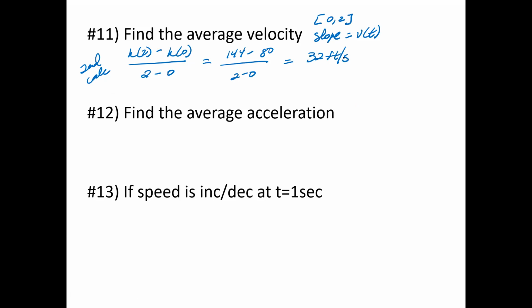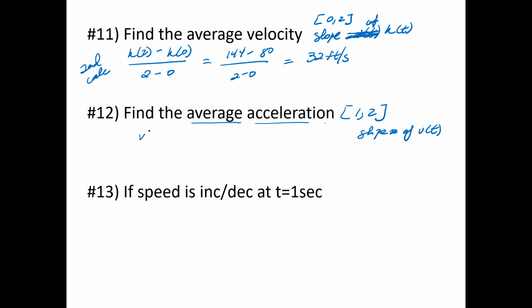which is just going to give you 32 feet per second. Question number 12 asks you to find the average acceleration, and I'm just going to make up some numbers here between those 2 points. To find the average acceleration, acceleration is given to you if you find the slope of the velocity.